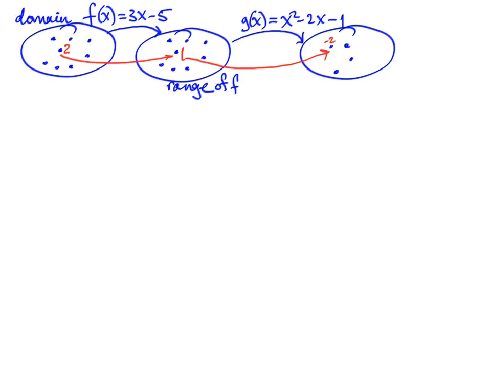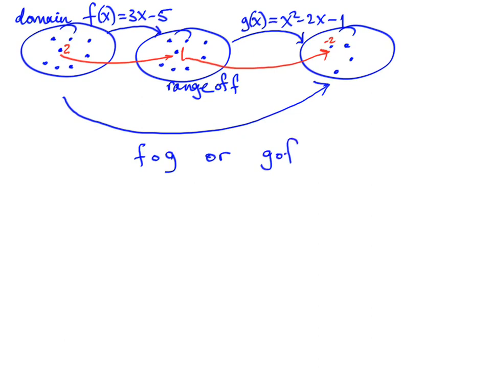So what we just did was we composed f of x and g of x, but in which order? So the function that takes the number 2 to the number negative 2, was that f composed with g, or was that g composed with f? We definitely used both f and g, but in which order did we do them?